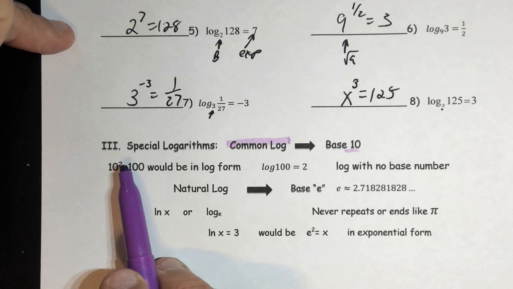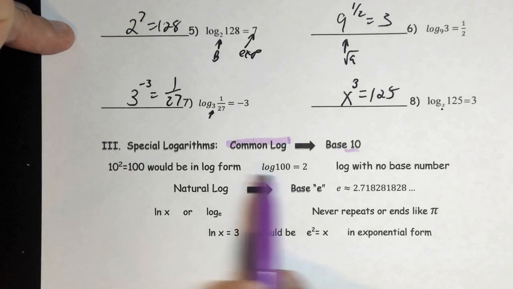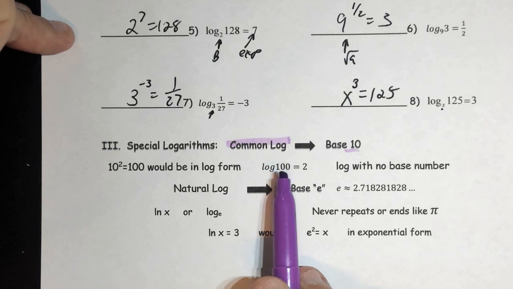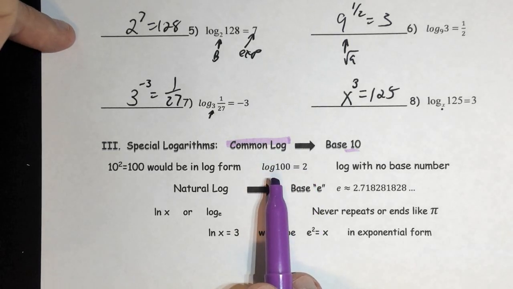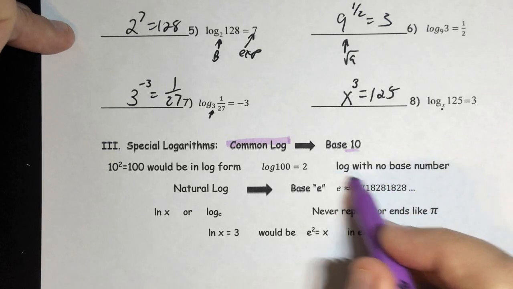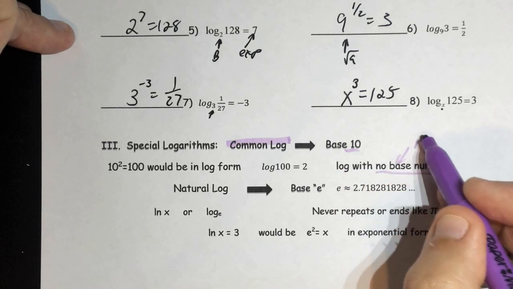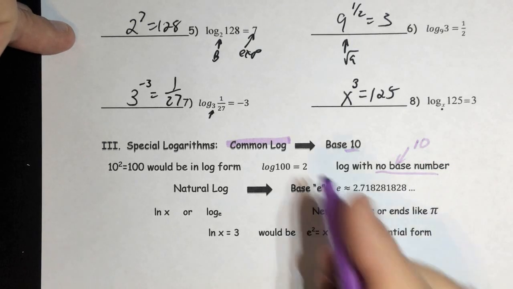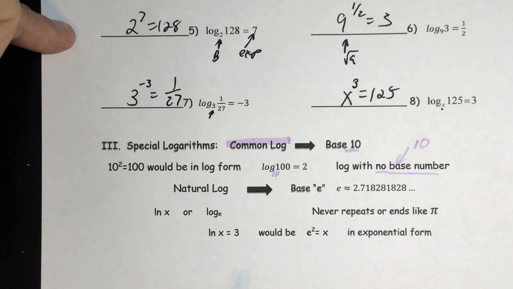I know that 10 squared is 100. So to put that in log form, base 10, would be log of 100 is equal to 2. You might say, where's the 10? When you have a log with no base number, we know it is base 10. So it's basically an invisible 10.